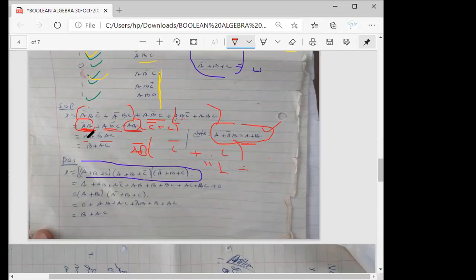And so this becomes B plus AC. All of this is my B, but now it is AC, so it becomes B plus AC. And that's how that equation becomes B plus AC.